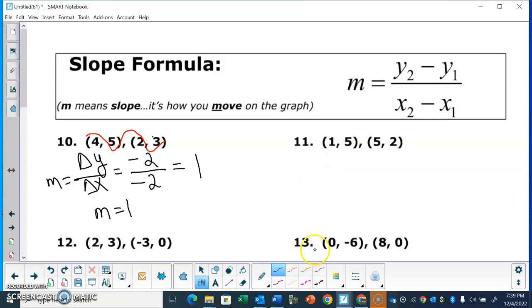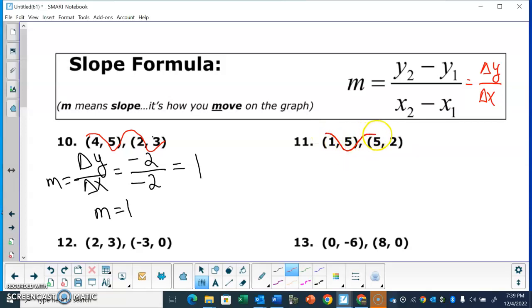So let's take a look at number 11. Do this one, and then I'm going to let you try a couple of these. Remember I said on the other one that this is the same as having change in y over change in x. If I just do it that way, it eliminates the 1 and 2 confusion, so we're not going to do that. So let's go with our snake like this.